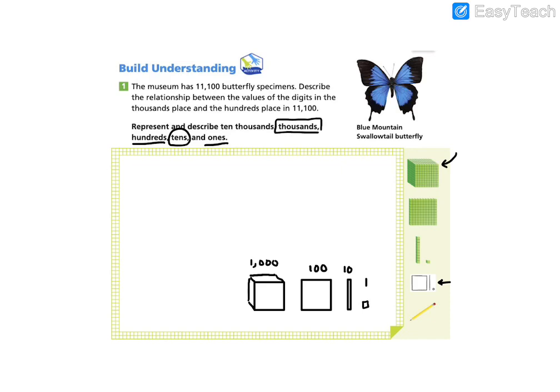Now here's what's going to get a little tricky. We need to represent these 10 thousands. Well, in the name we hear that 10 thousands is 10 thousands. So just like we did for our ones and tens, we basically made a stick out of those ones cubes. We're going to do something very similar with our thousands. Right? We're going to create 10 of these thousands. So I'm going to go ahead and just draw a really long stick for this and break that apart.